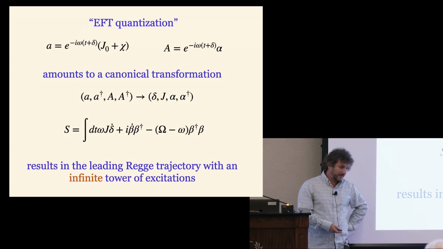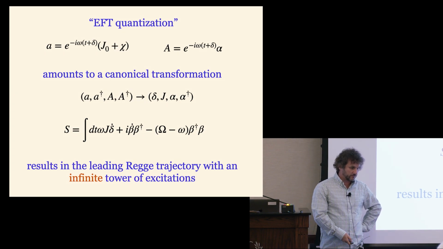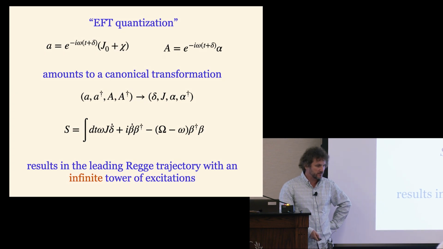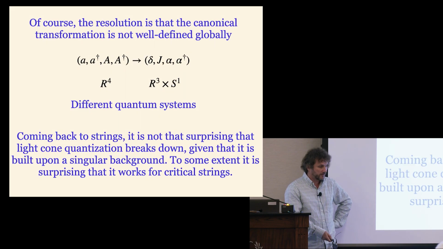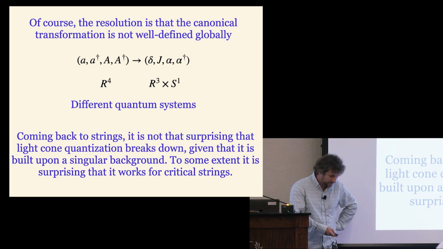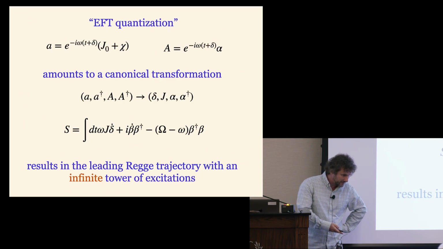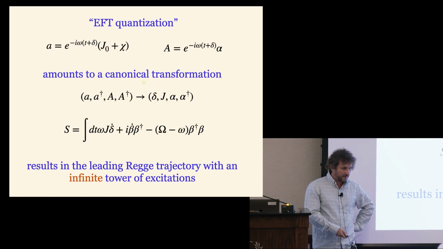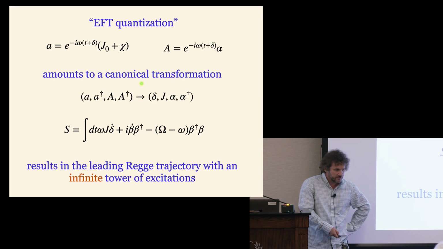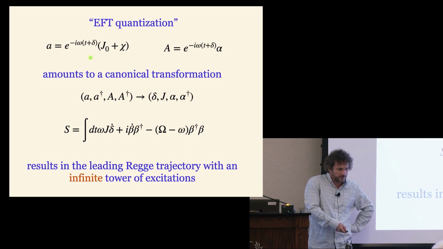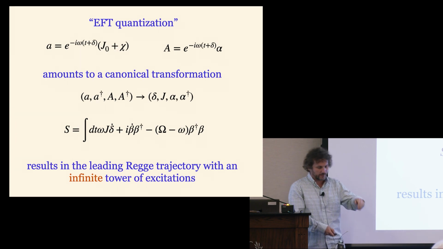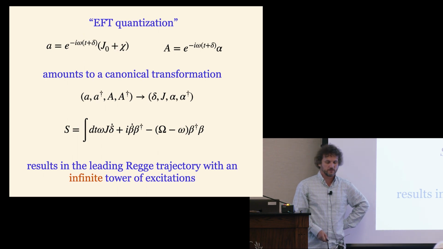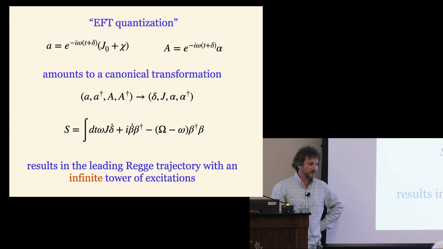But here, what one gets, the background corresponds to just having J0 with these chi, delta and alpha excitations, and that's the analog of the rotating string background in this two oscillator example.